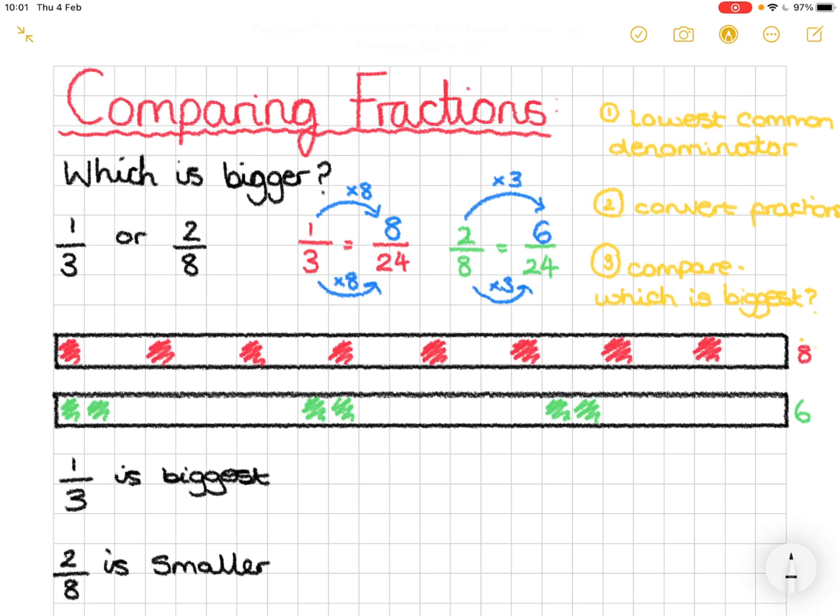And then finally, step 3, you can compare which is biggest. You can either draw a bar model for that, which is the pictorial method like we have done, or you could just compare using those numerators. As long as the denominator is the same, you can compare using numerators. So we know that 8/24 is larger than 6/24, so 1/3 is larger than 2/8. Go ahead and have a go.